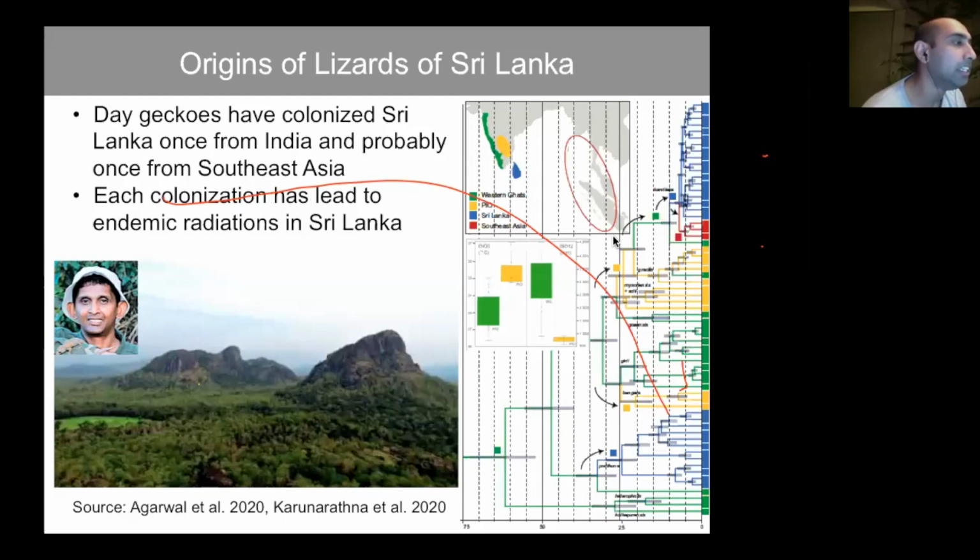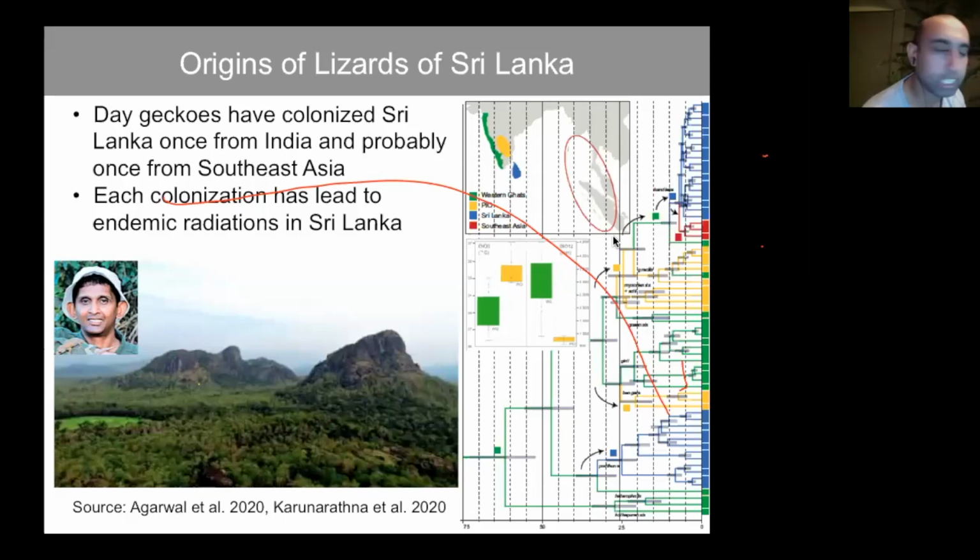You don't see one species found on one mountain present on another mountain. What we see are different species on these different mountains in the dry zone of this country. So it seems like the dry zone mountains have served as a speciation pump for these species. These studies, along with the discovery of new species, were led by my collaborator, Suranjan Karunarathne.